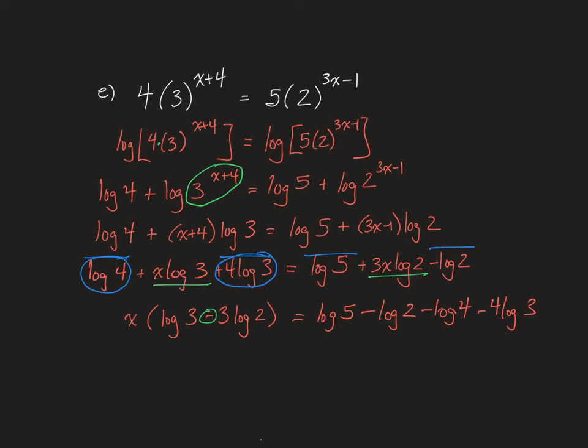Well, I'm almost done. Now I can get that all by itself, so I can see that I'm going to divide out a log 3 minus 3 log 2. But I want you to notice on top, what I finished discussing in that last problem arises right here. I can collect a log 2 and a log 4.